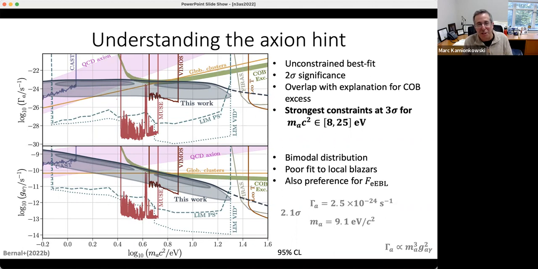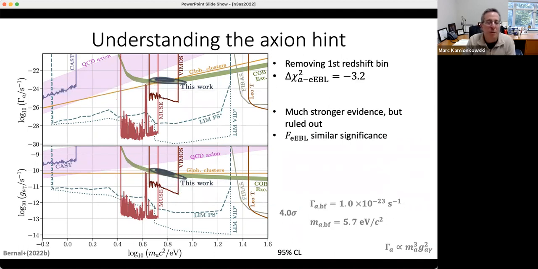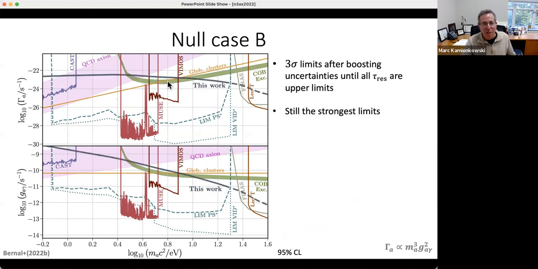We're not making too much of this because it seems like the data is weighted quite strongly by a handful of strange blazar spectra. If we remove some of those strange blazar spectra, we get a different constraint, which is actually more constraining. But again, there are issues in the data that we don't understand, so we're not claiming this as a detection, although it seems to be an interesting hint.